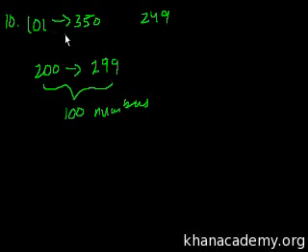I just want to make sure. So the odds of getting a number with a 2 in the hundreds digit will be 100 over 249. So that is choice E.